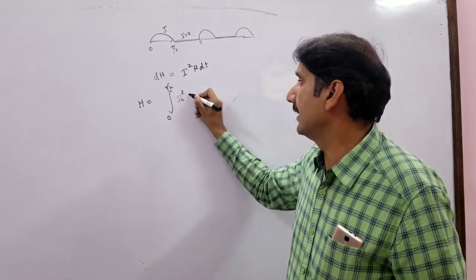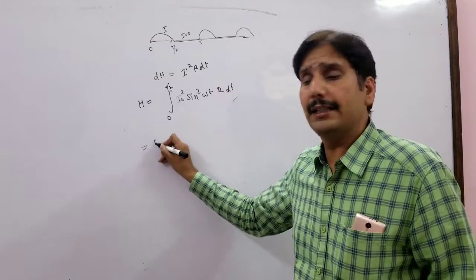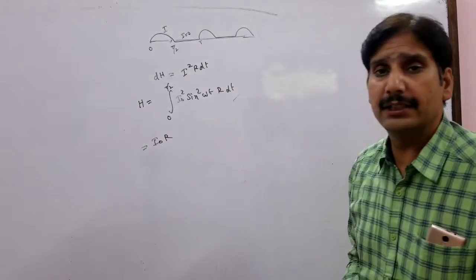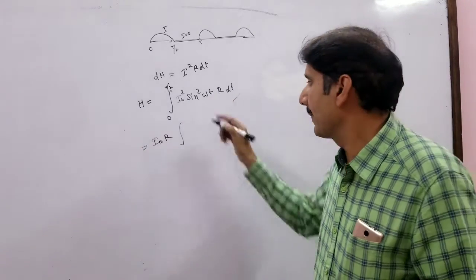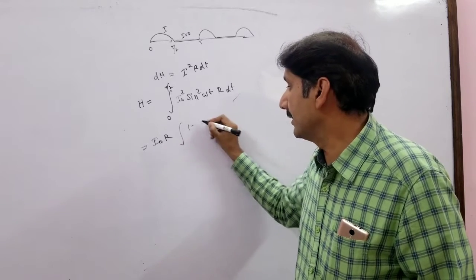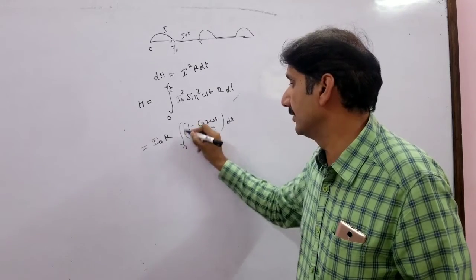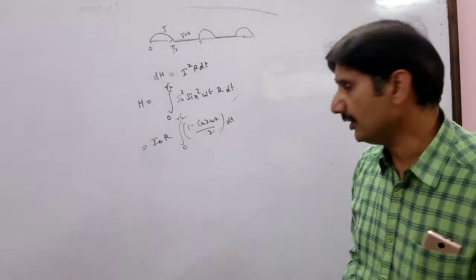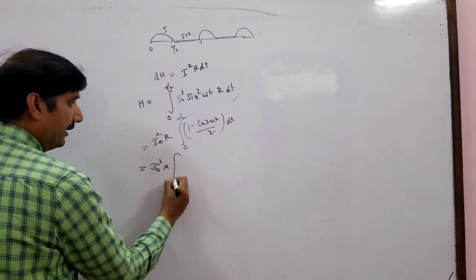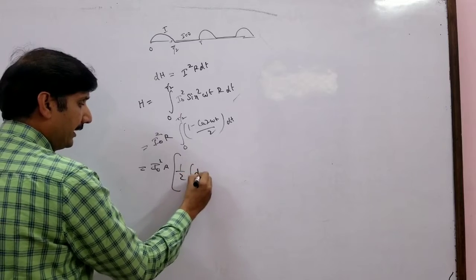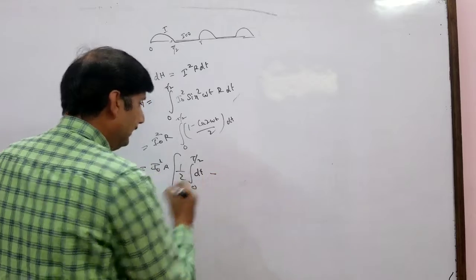It will be I naught square sin square omega t R dt, and I take I naught square common out of this integration. The remaining thing inside it is equal to 1 minus cos 2 omega t by 2 dt from 0 to T by 2. What do I need to do? This is equal to I naught square R, and we have got 1 by 2 integration dt from 0 to T by 2. This is one part of it, and then there is the second part.